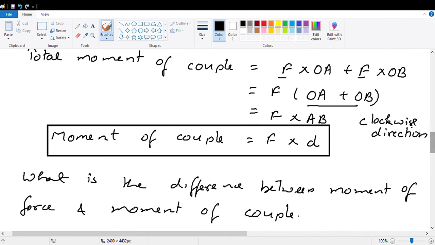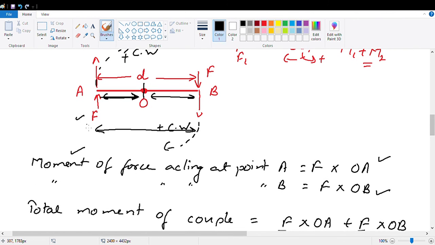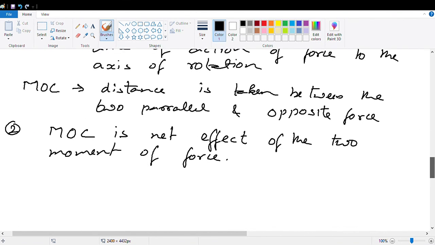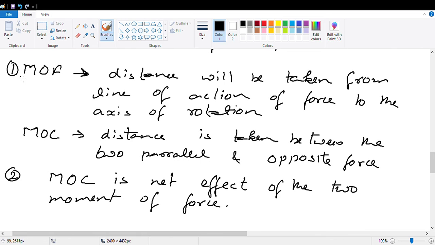What we have done in the derivation, we have calculated one moment of force due to this force and a second moment of force due to this force. Then at last we have added them. That means we are finding the net effect of moments of forces. So these two are the major differences between the moment of force and moment of couple.